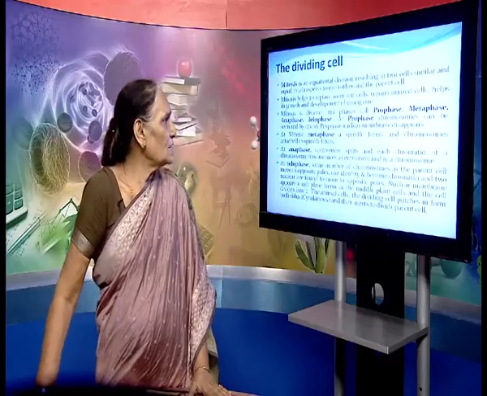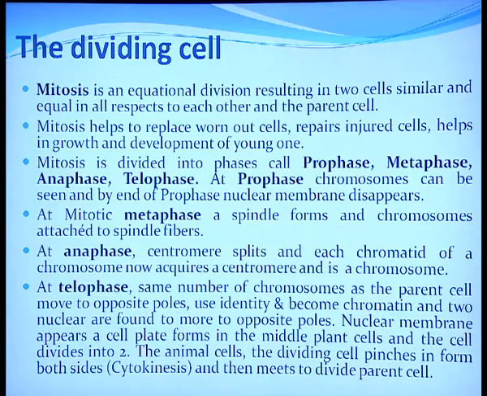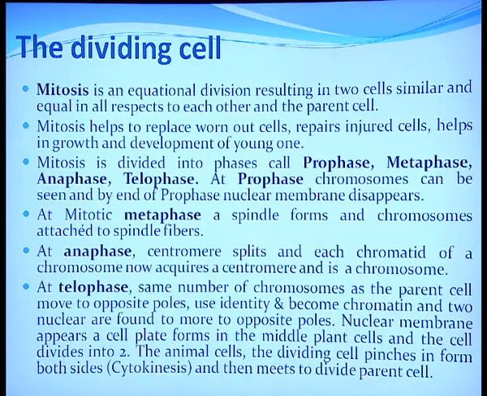So, the dividing cell, as you can see on your monitor, divides through stages which are called prophase, metaphase, anaphase and telophase. Okay? Now, prophase, metaphase, anaphase, telophase are stages of the cell division which we call mitosis.